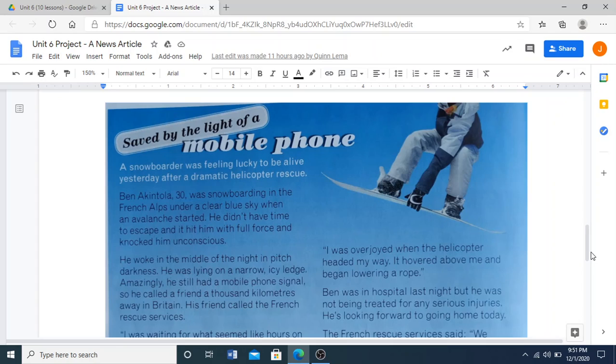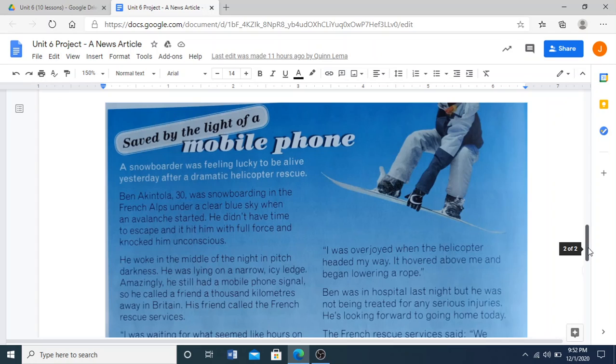What you have to remember is that you're writing an article, so make sure you separate your information in paragraphs. You can use pictures again. You can use titles, headlines, subtitles, and everything to make it interesting for the reader.